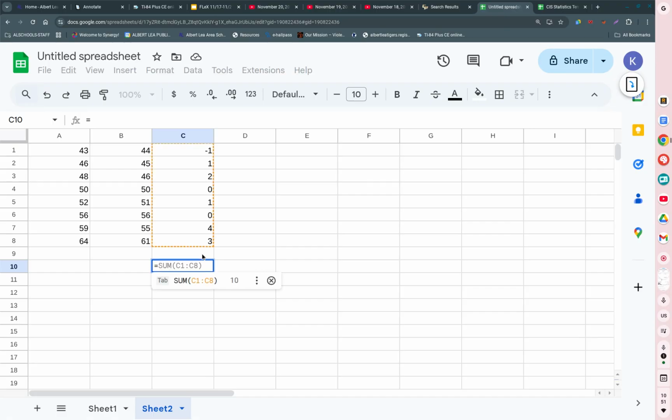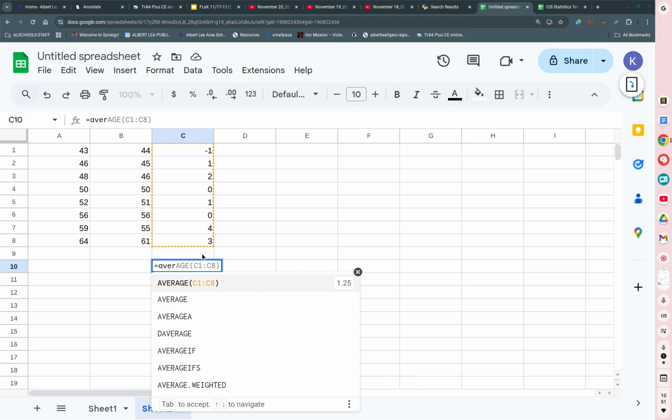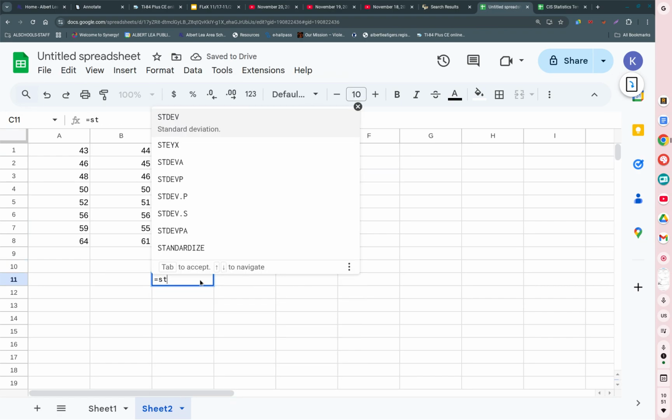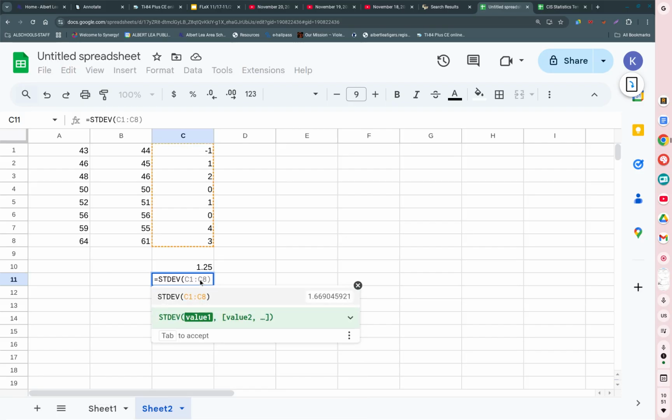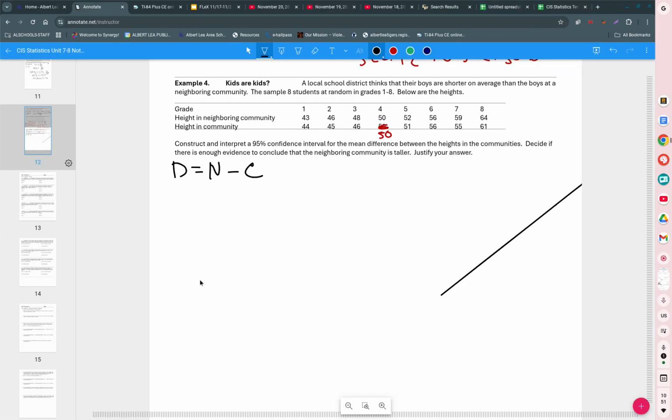So, I'm going to go equals, and I've got the average, and I'm going to go equals, and I've got standard deviation. Everybody okay with these? All right, let's go ahead and make use of them.